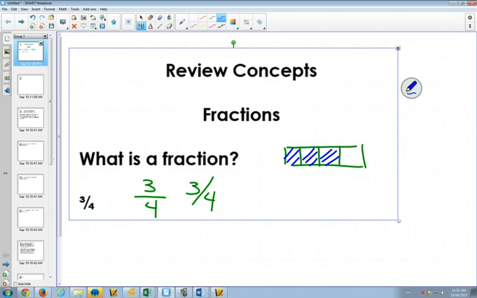3/4 of a 2-liter bottle, we'd have to imagine that 2-liter bottle split up into 4 equal sections, and we would have 3 of those sections. So a fraction is a comparison of something.